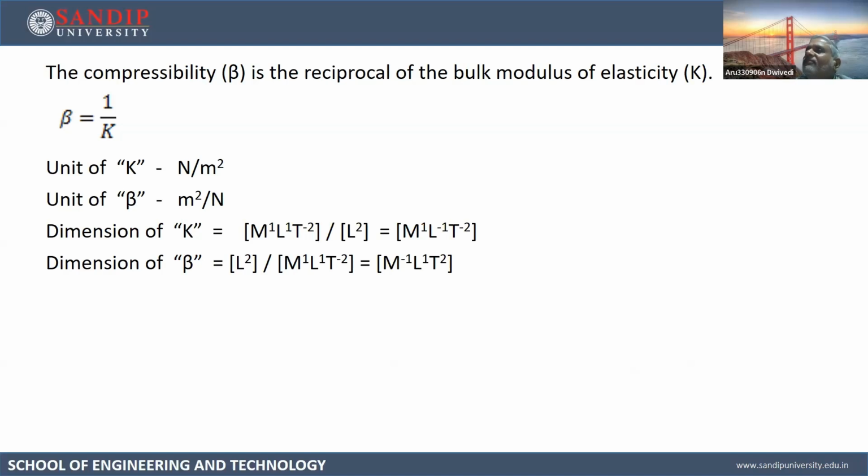Volumetric strain is change in volume divided by the original volume, so in the numerator and denominator both, the volume is there. So it is dimensionless. So K is equal to dP, and as far as the unit calculations are concerned, K will have the same unit as dP, that is Newton per meter square. Now there is another concept of compressibility, which is equal to 1 upon K.